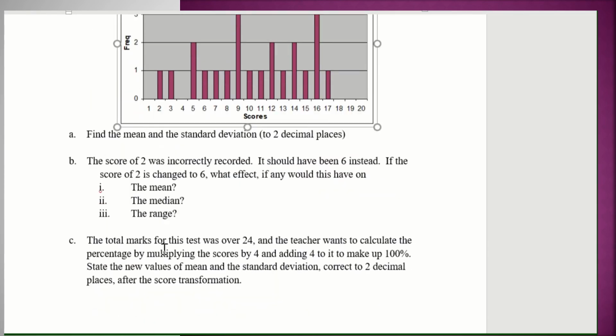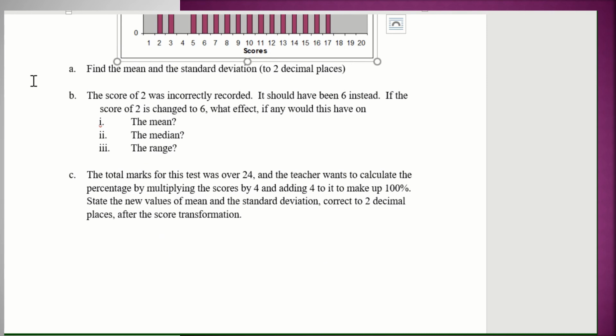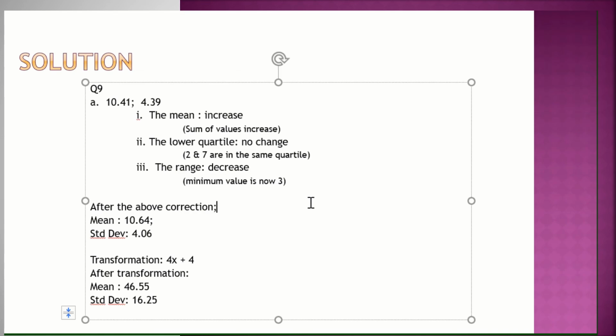So now the total marks for this test was over 24 and the teacher wants to calculate the percentage. So now this is both multiplication and addition. You multiply by 4 and add by 4. Meaning your transformation formula is 4x plus 4. So what is your new mean?